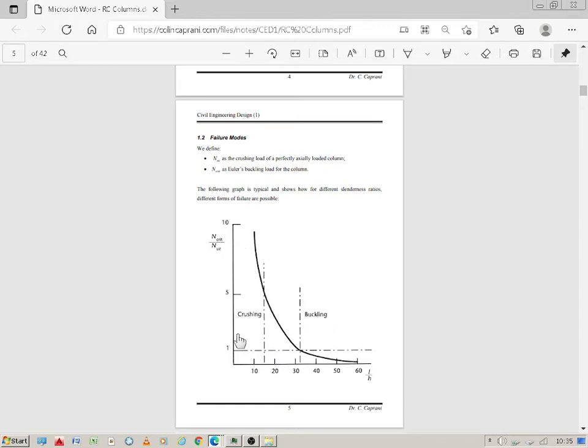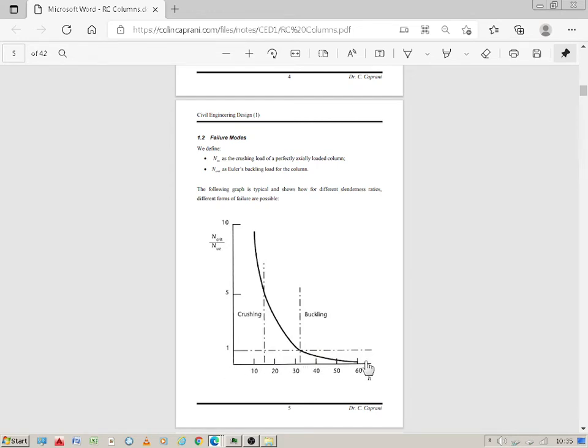So we see here the curve that basically says as the effective height of the column goes up. It's done at L over H, but it's basically the same thing, isn't it?